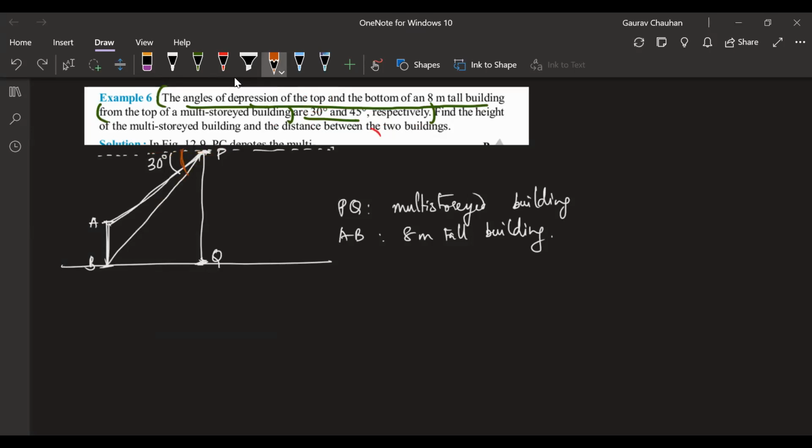Again, always the angle is going to be from the horizontal to the line of sight, right? So this angle is 45 degrees. Let me use a different color just for clarity. So this angle is 45 degrees. Is it visible? 45 degrees, and this angle is 30 degrees.